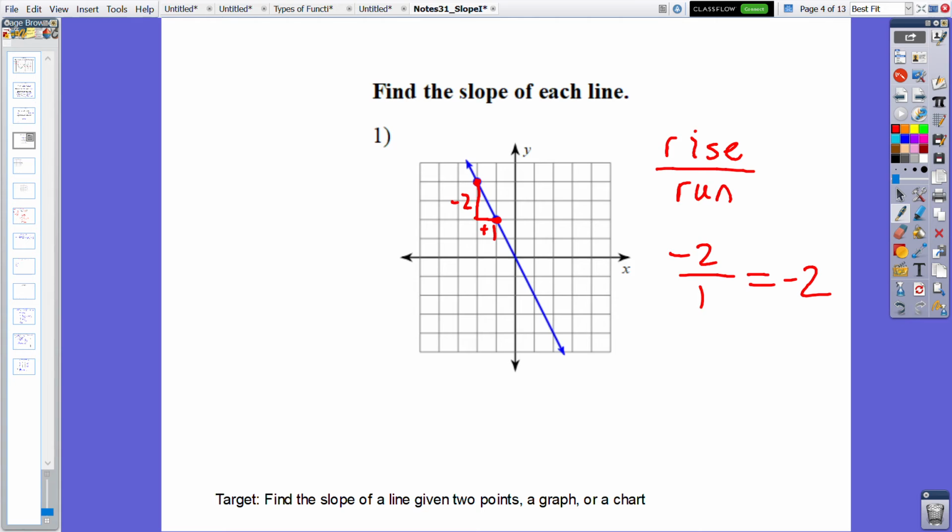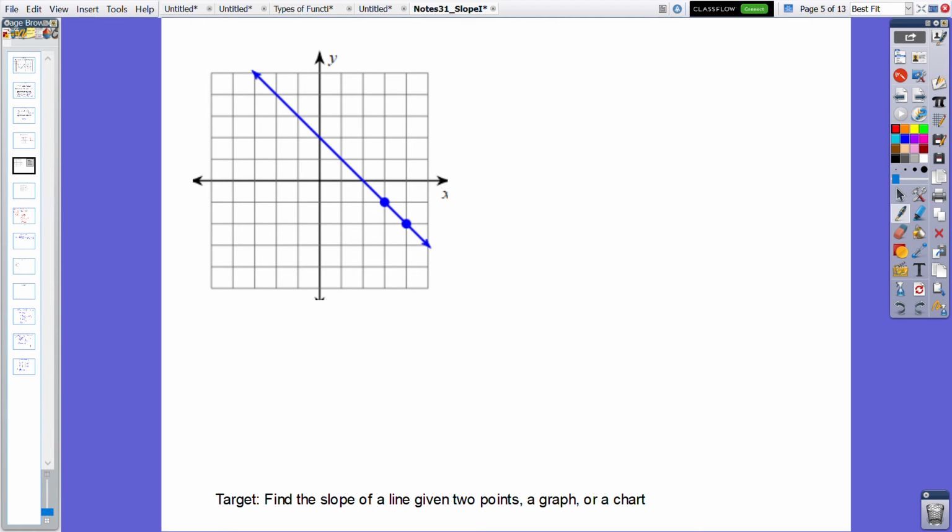Okay. Looking at a second example here, we have a different line. I'm going to draw this out, blow it up a little bit bigger so you guys can see it. So we have a slope that looks like this, one point to the other. Once again, getting from the first point to the second one, we have to go down 1, so that's -1, and then over 1, and that's +1.